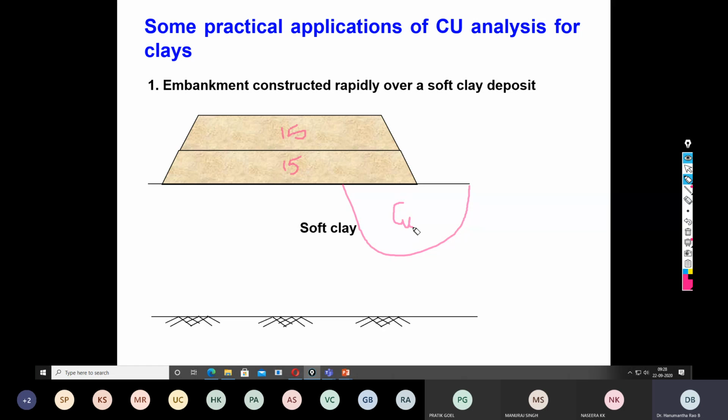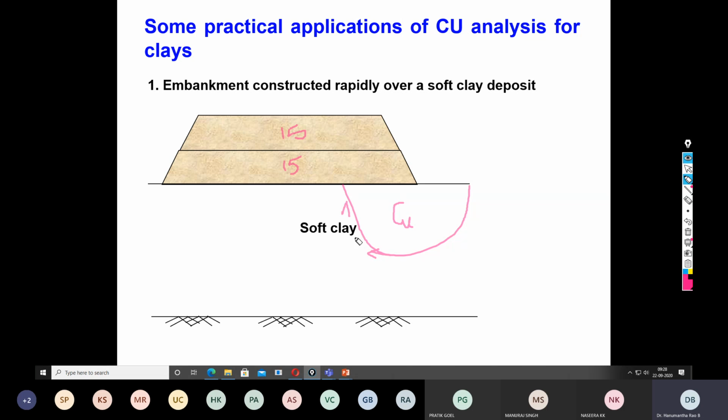The shear strength parameter responsible for failure of this kind of embankment is only the undrained cohesion.